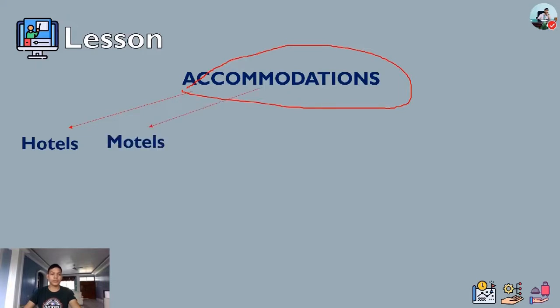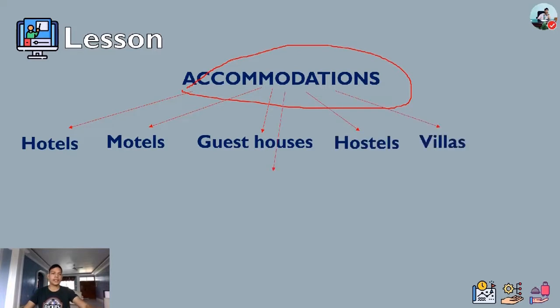Accommodation also has subgroups like motels, guest houses, hostels, and villas, and lastly the timeshares. Some of these organizations can be further grouped depending on their service level, such as luxury hotels, boutique hotels, mid-market hotels, and budget hotels, or according to their star ratings, such as 5-star, or we also call it a diamond. We also have 4-star and 3-star hotels.